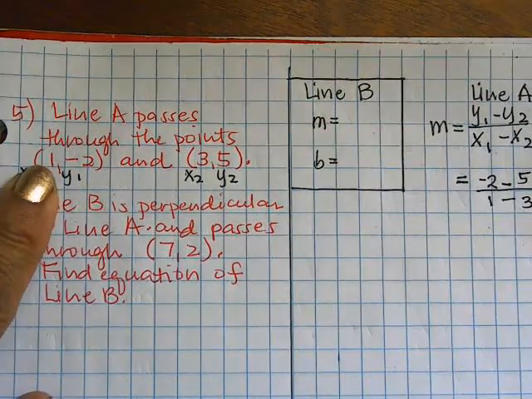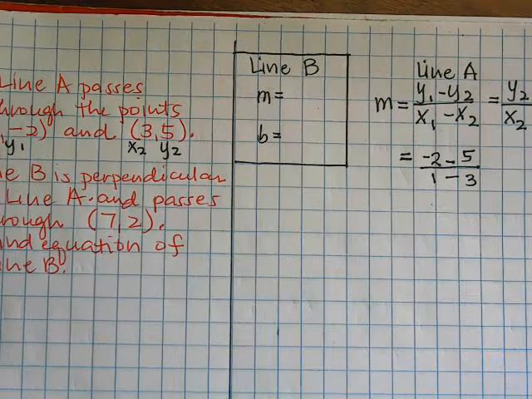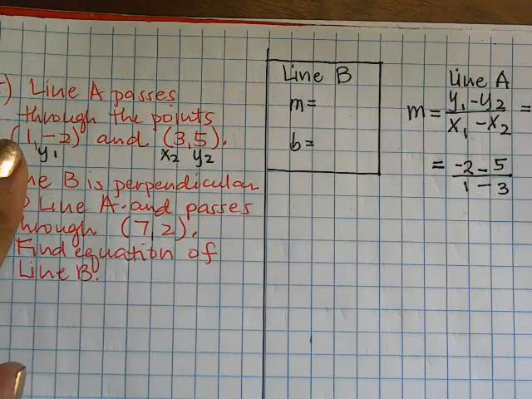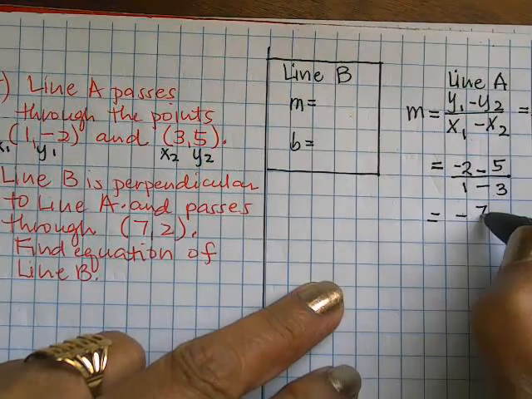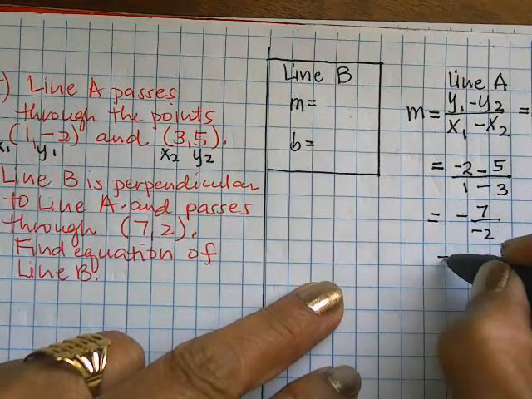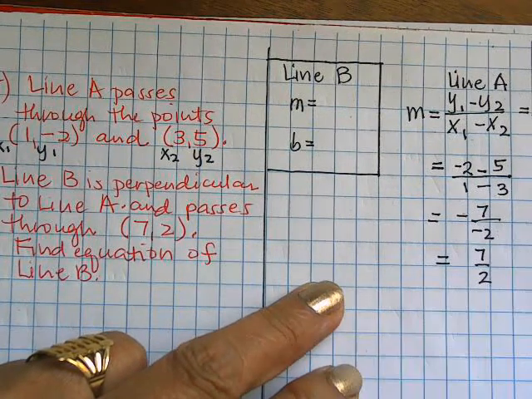If you are confused, pause the video and try to work on this one first, okay? So here you're going to get negative 7 over negative 2, or simply 7 over 2.